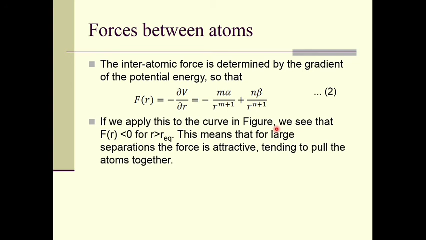If we apply this to the curve in the figure, let us go back to the figure. At r equilibrium, for r greater than r equilibrium, that means on the right hand side of the equilibrium separation, the force is less than 0.